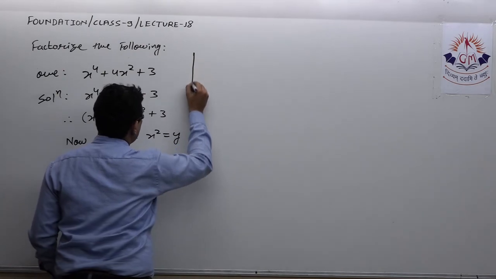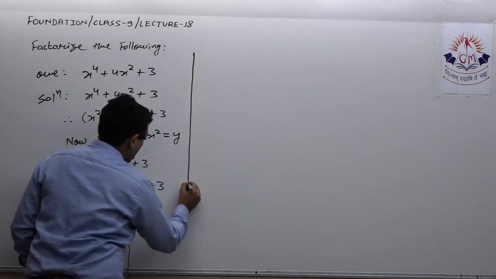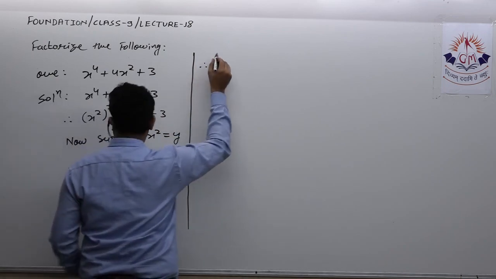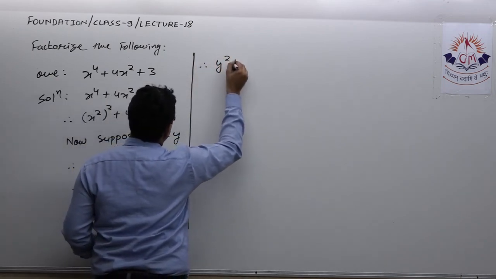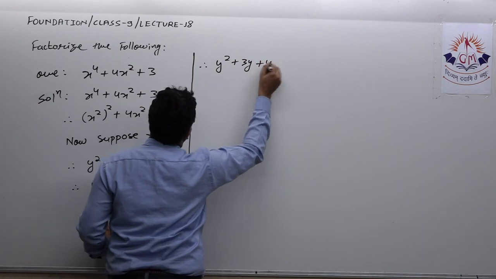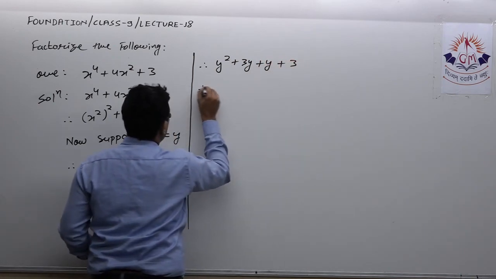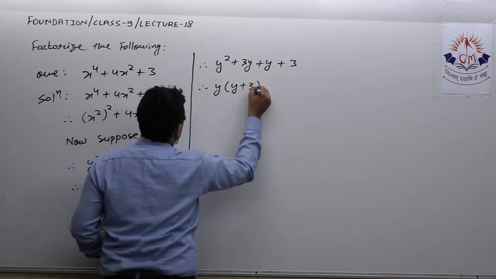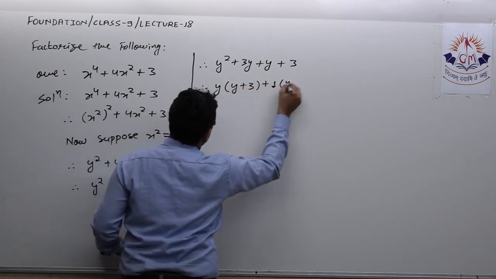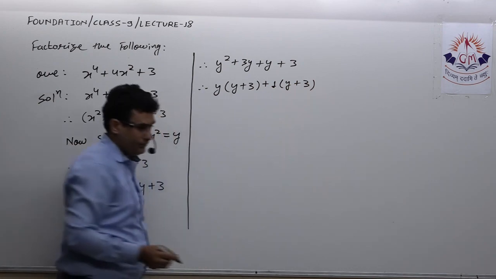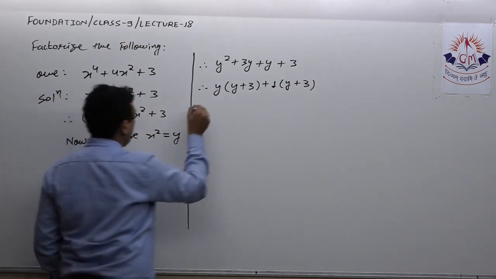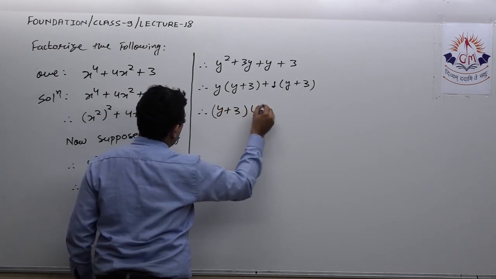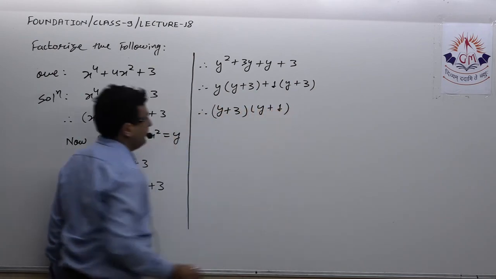Now I can write y square plus 3y plus y plus 3. From the first two I can take y common, so y plus 3. From the other two I can take 1 common, so y plus 3. Now I can take y plus 3 common, so here I'll get y plus 1.